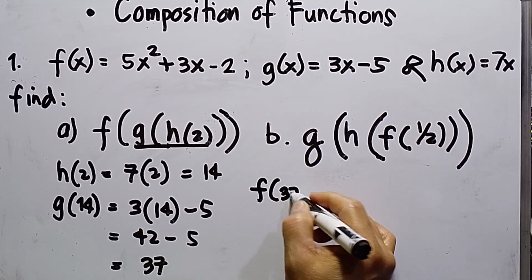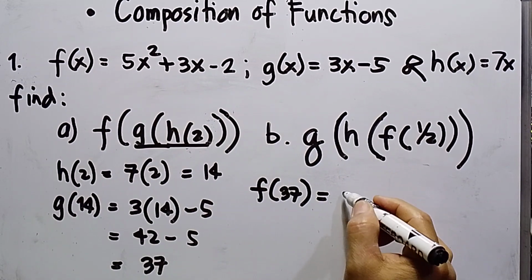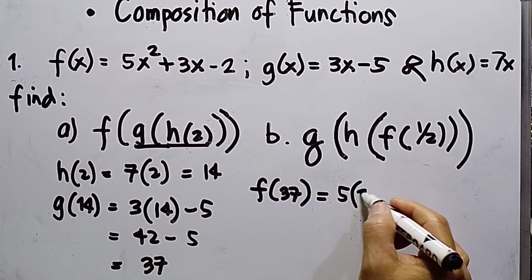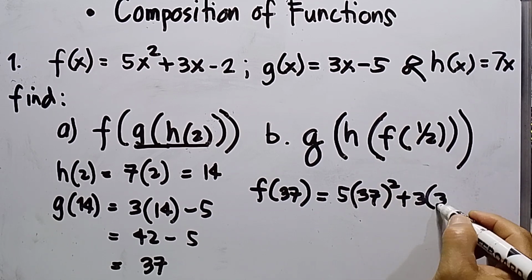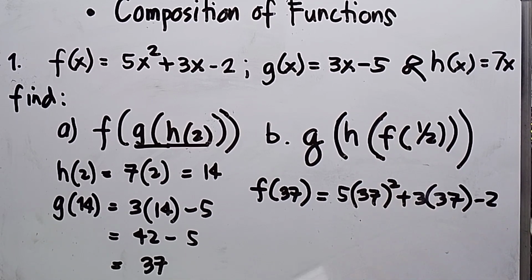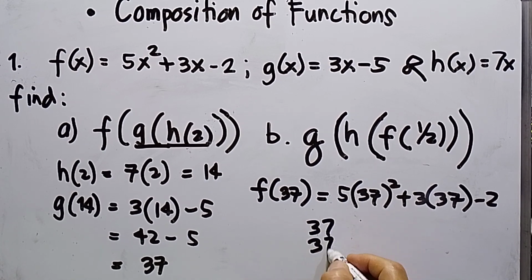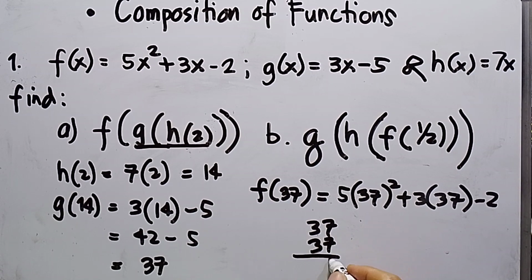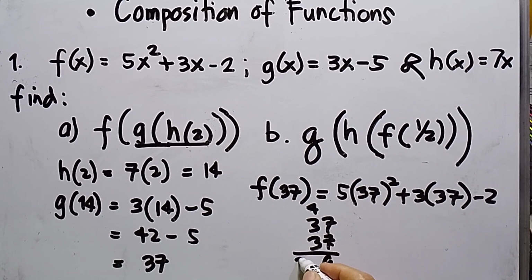So f of 37 is 5 times 37 squared plus 3 times 37 minus 2. So what is 37 times 37? 7 times 7 is 49, carry 4. 3 times 7 is 21, plus 4 is 25.